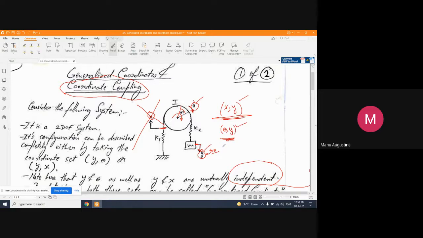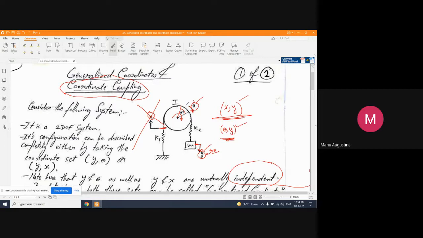If I change theta, y is also changing. But the question is, is this the case always? Are they actually tied together with each other permanently? That every time theta changes, is it necessary that y changes? No. Because now if I start the vibration of the system, there are two modes of vibrations. In the second mode specifically, you will see that the displacements are mutually opposite to each other.